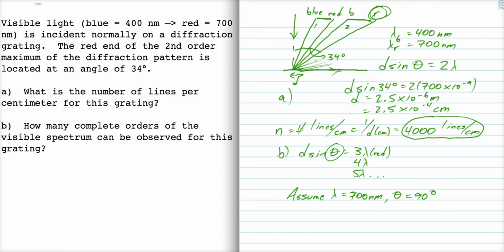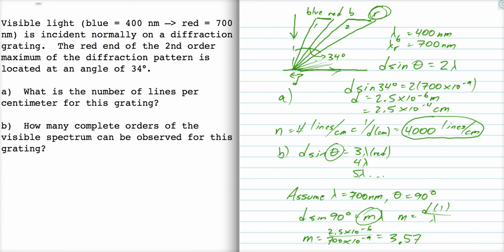So we're going to set d sine 90 equal to m lambda, and we're going to solve for m. Okay, so m is d times 1, because sine 90 is just 1, divided by lambda. Alright, so m is 2.5 times 10 to the minus 6 over, we're dealing with red light, 700 times 10 to the minus 9. So that's 3.57, okay?